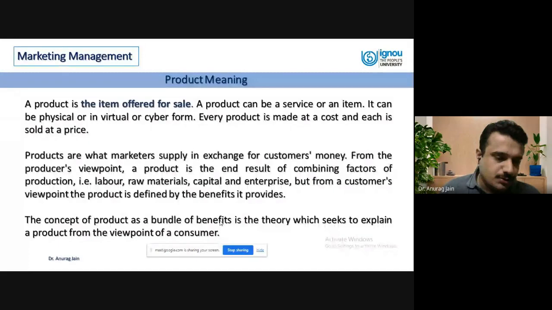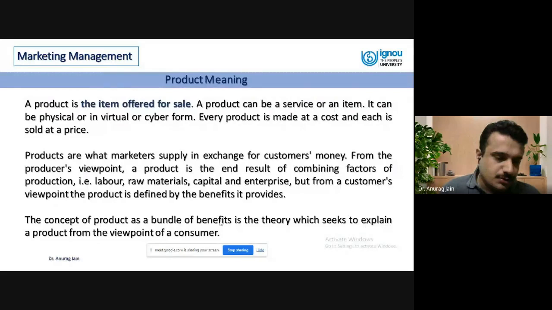Another aspect is the concept of product as a bundle of benefits, which explains the product from the viewpoint of a consumer. Because as a consumer, we were discussing yesterday, what is value? Value is equivalent to benefits minus cost. So as a consumer, a product is nothing but a bundle of benefits that can fulfill their utility, that can fulfill their purpose, right?